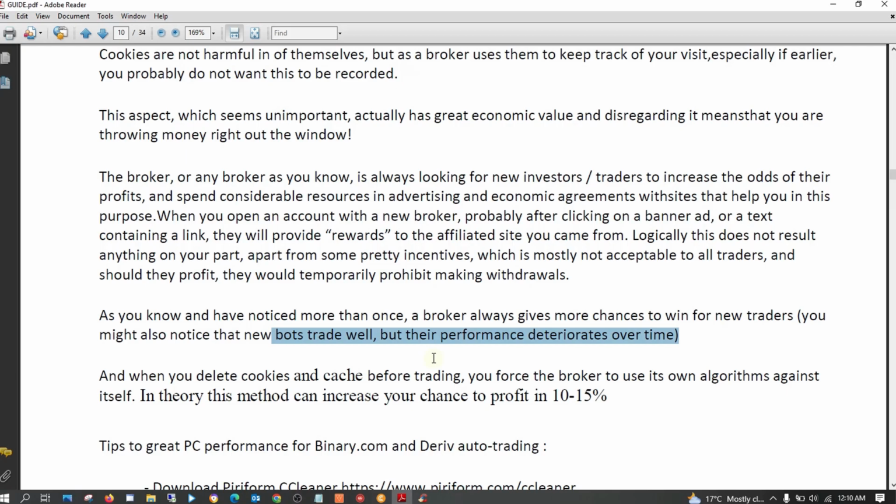And that is just like betting, right? Because when you win one, then you'll want to win more and more. So when the broker gives you a chance to win, they basically take note of your sessions and how you do your trades.